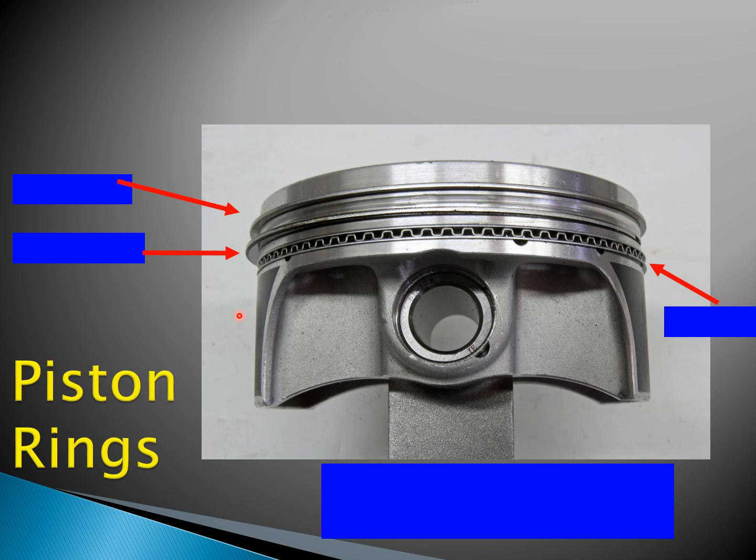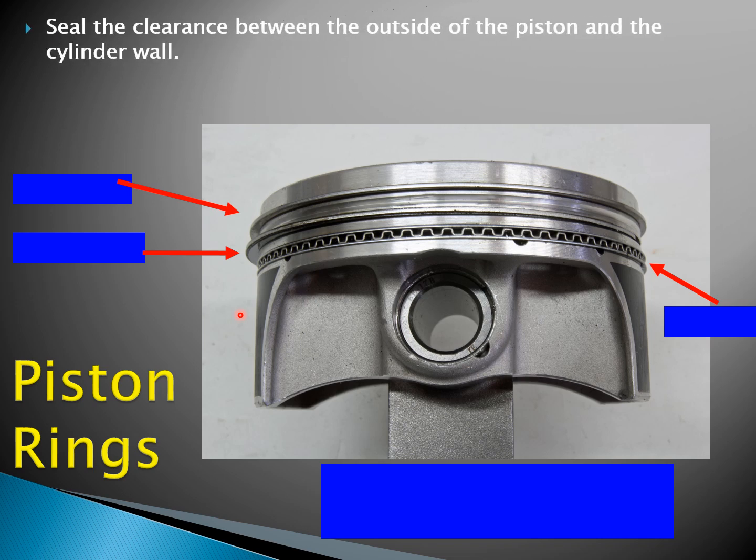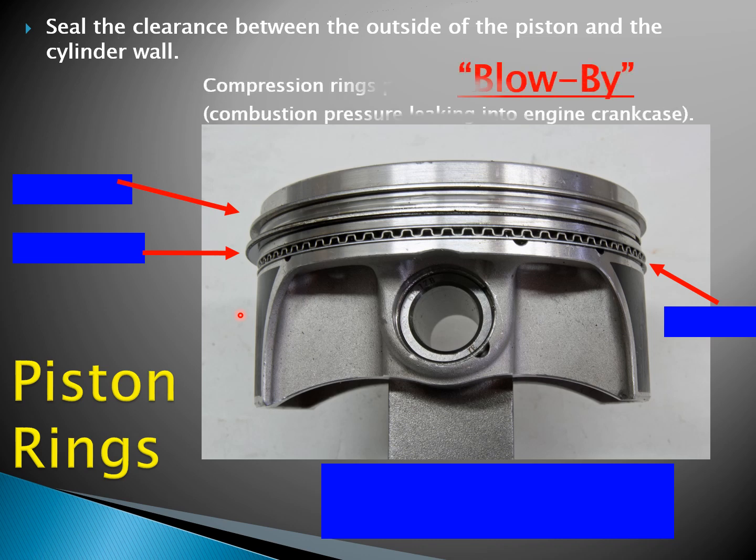No bueno. We'll talk more about metal on metal when we get into oil and lubrication. But these three rings here seal up the space between the piston and the cylinder wall. So obviously, the compression rings' main objective is to prevent combustion pressure from leaking into the engine crankcase.